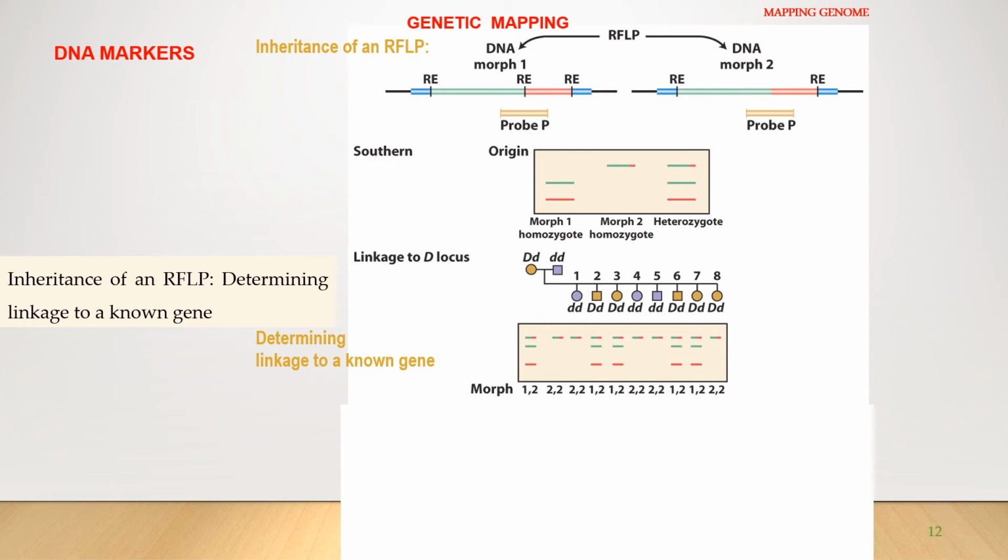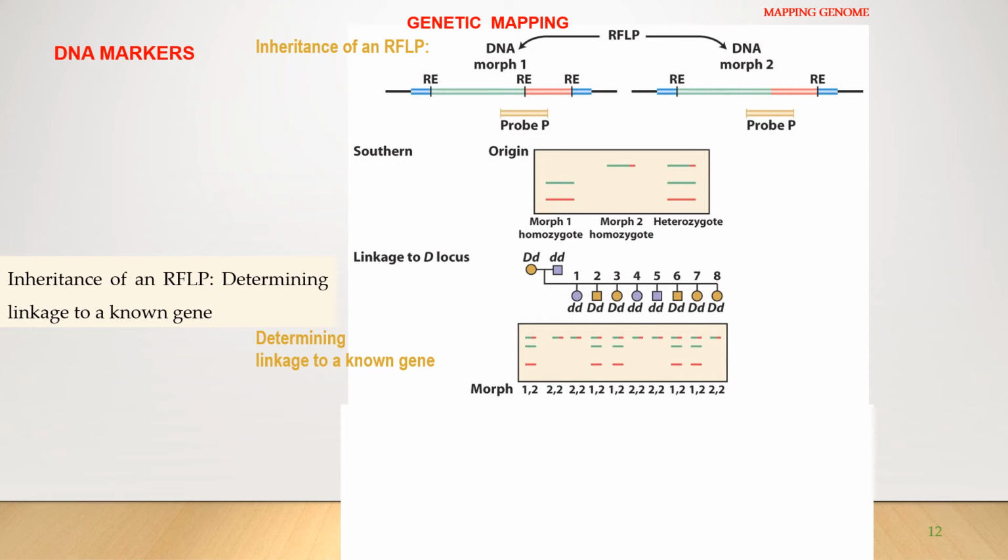Blood samples are collected from all the living individuals in the family pedigree and analyzed for the RFLP profile. The gel below shows the RFLP profile of each individual in the pedigree.